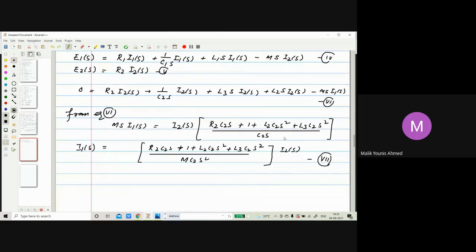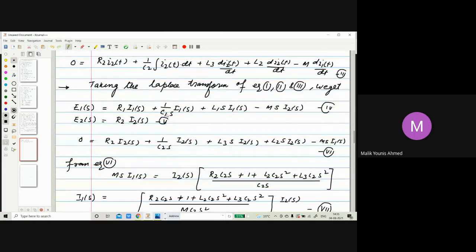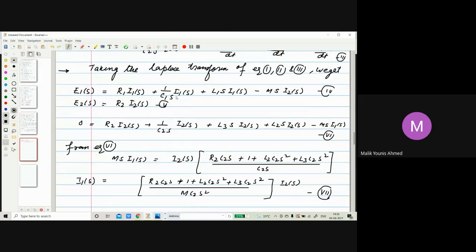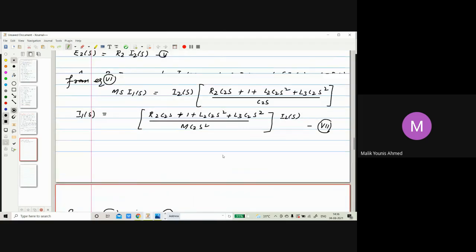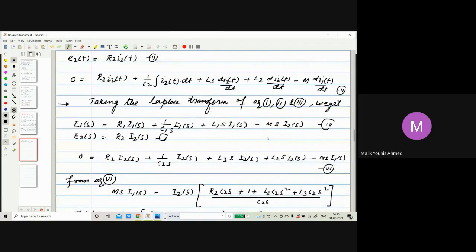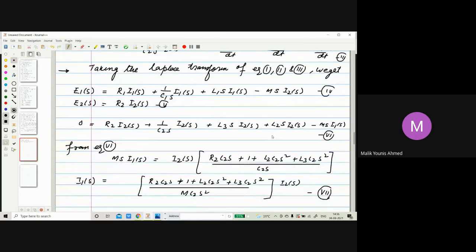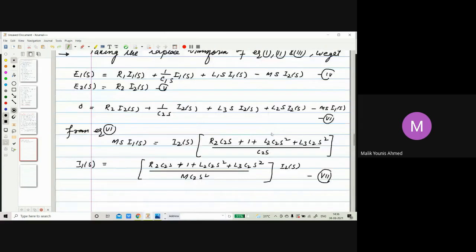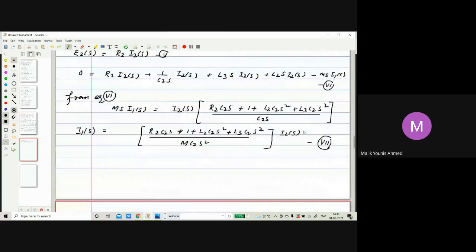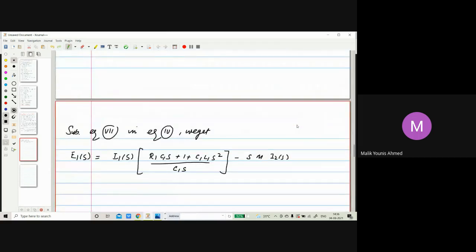You can have a look. I have got C1 of S common: R1 C1 of S, then 1 plus L1 C1 S square, and then minus, I have multiplied it by the denominator, that will be M C1 S square. That's what I have written. Okay, you can keep it like this, no problem. You don't even need to multiply, that's fine.